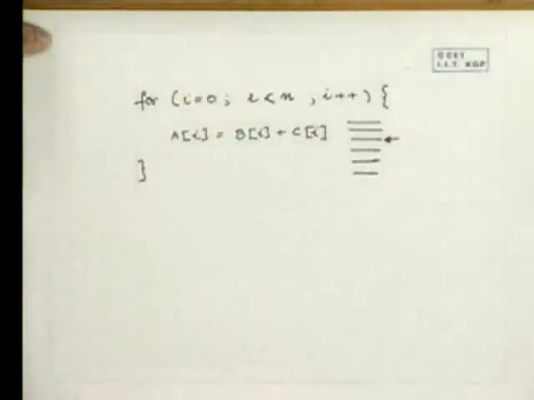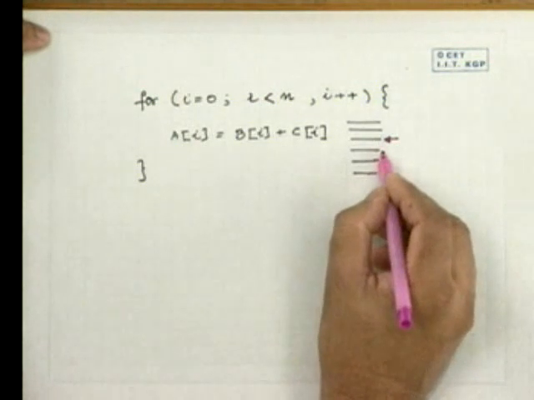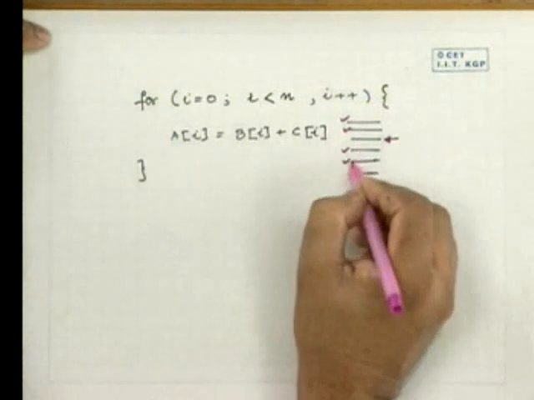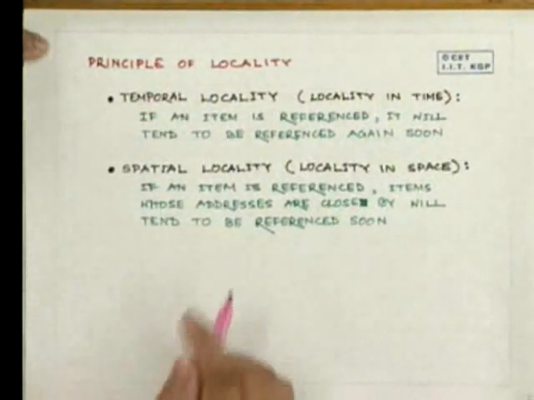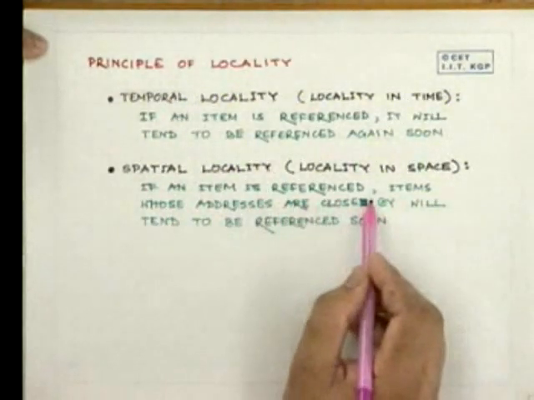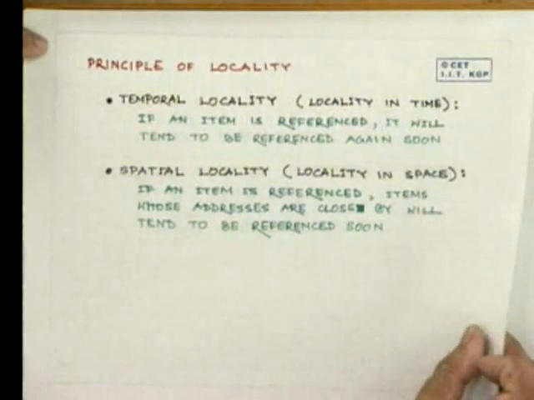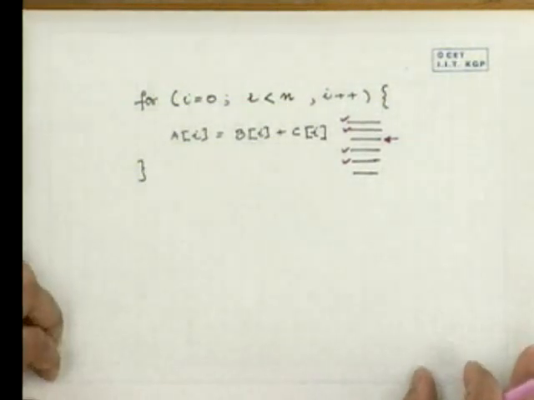The spatial locality says that if this instruction is executed, the instructions which are close by, this one, this one, this one, will be executed pretty soon. That is, if an item is referenced, items whose addresses are close by will tend to be referenced soon. So because of both temporal and spatial locality, it is quite viable that portions of the program can be taken into the cache memory and executed.